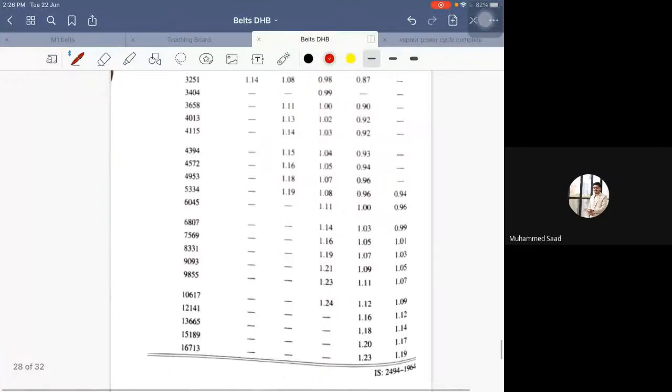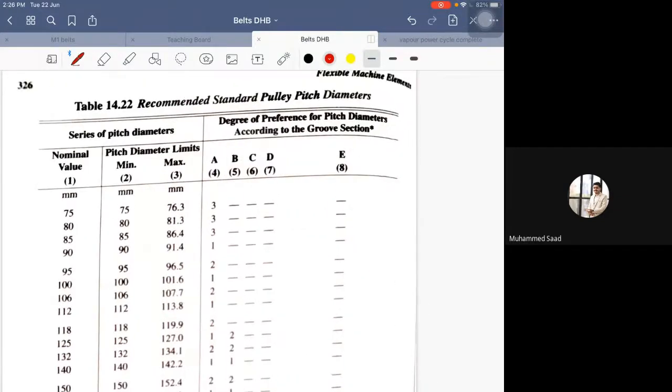Yes, so here is your diameter. Always go with the nominal value. So please mention a star near the nominal value. You don't need to bother about the other columns. Keep this in mind: look for the nominal value.